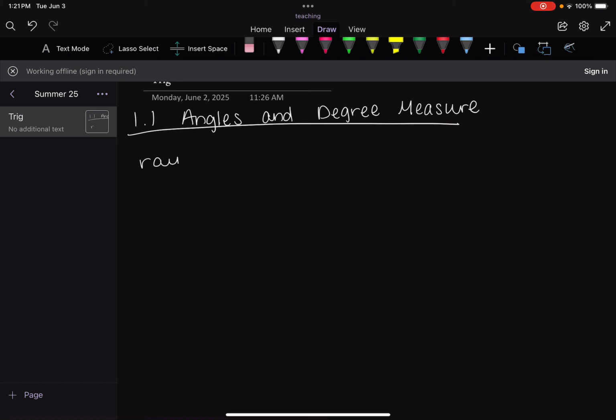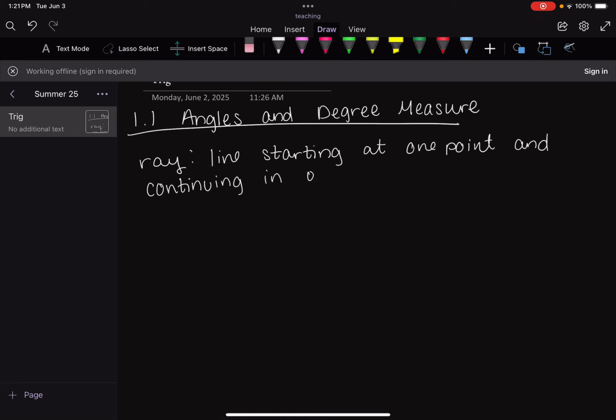So the first thing is a ray. A ray is a line starting at one point and continuing in one direction forever.